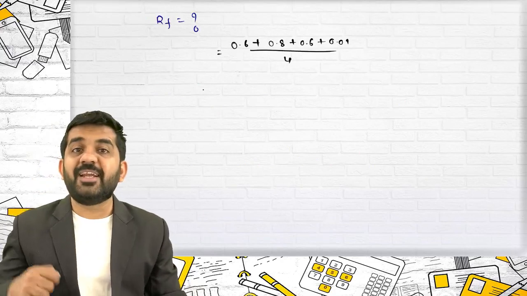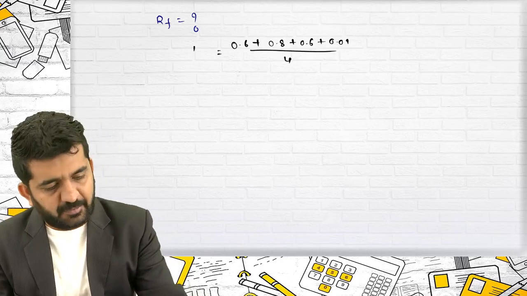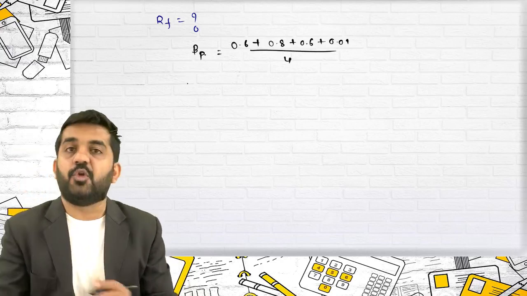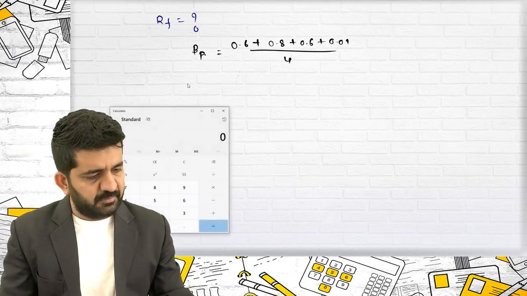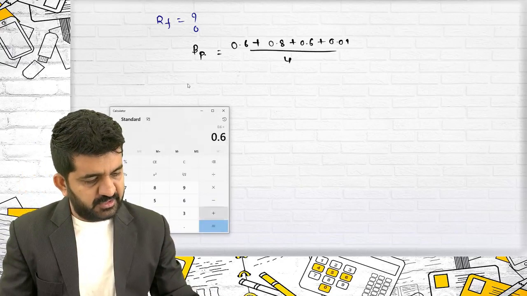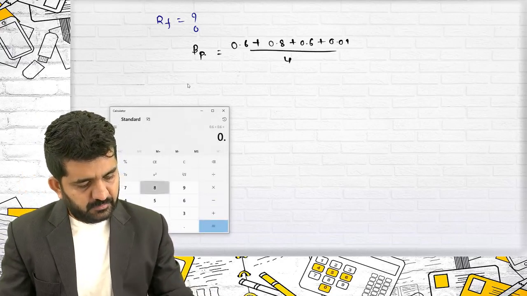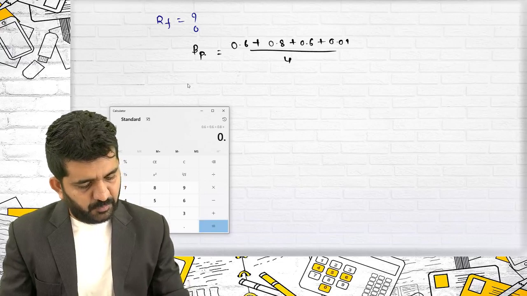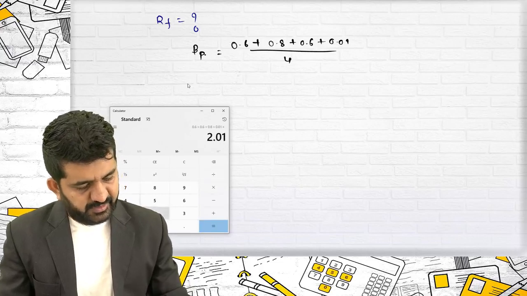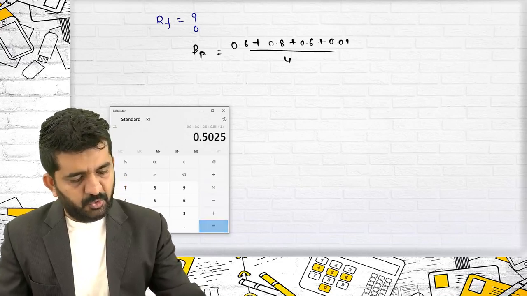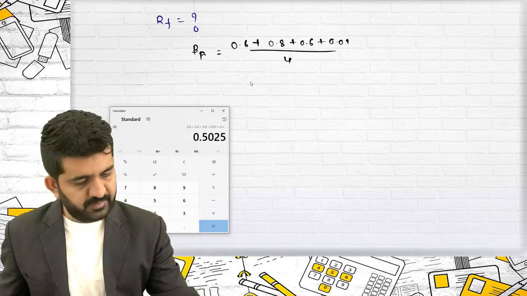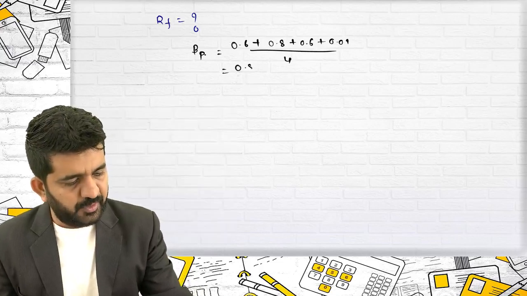Is this a weighted average beta or a simple beta? It is a simple beta, but this is taken as the beta of the portfolio. It is 0.5025, or 0.50.